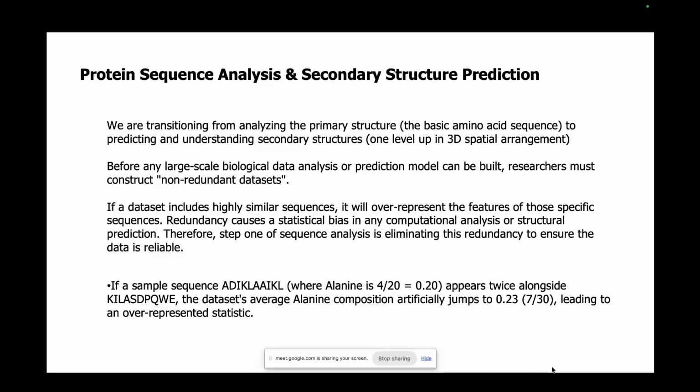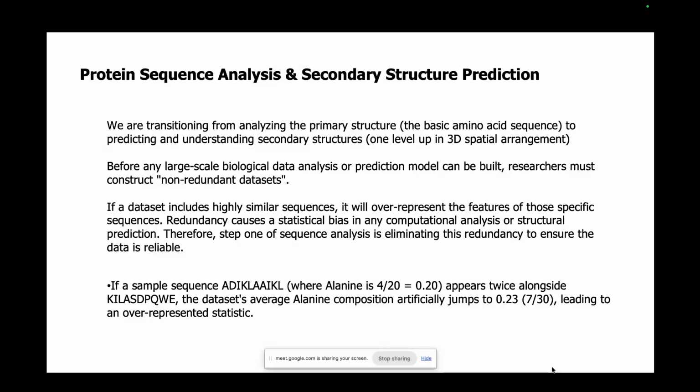Because the amino acid residues at different positions of the protein are responsible for protein folding and the different secondary structures that it forms. So we need a non-redundant data set for that.